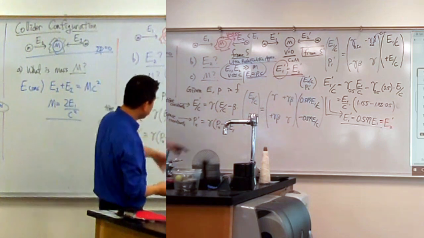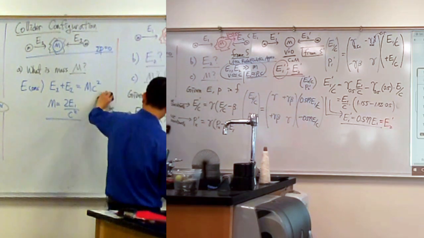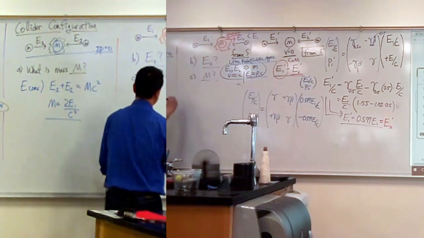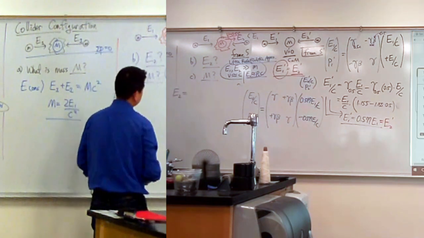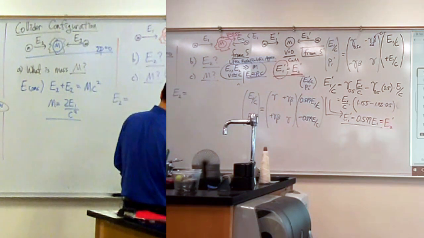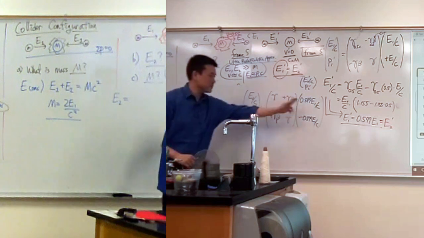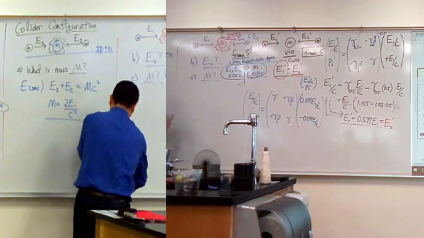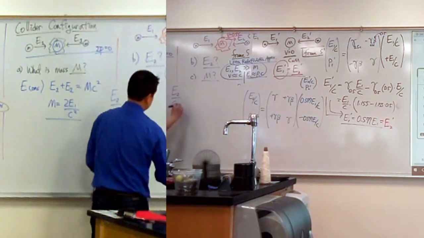Okay? All right, let's figure out what this energy E2 is. Let me use this space here to figure out that E2. So E2 is equal to, let me not be unnecessarily confusing. Okay, so E2 over C, I'm just writing out this matrix element here.